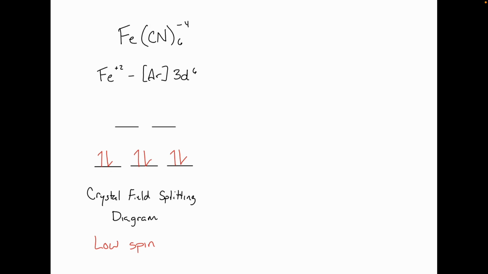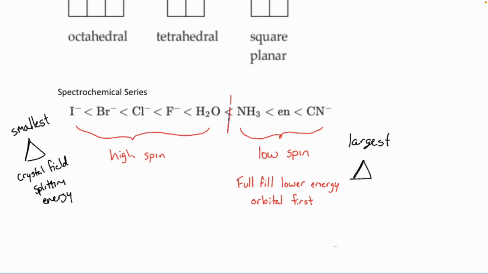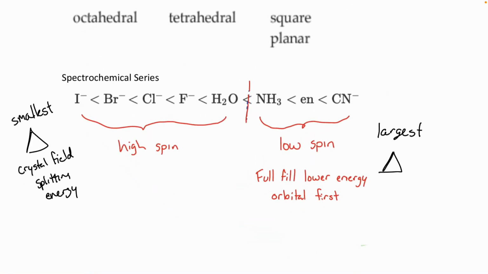If we took basically the same compound here but replaced the cyanides with water, we'd have that same electron configuration. It would still be an octahedral, so we'd have that same splitting pattern. But then water is considered not a low spin ligand, but a high spin ligand, meaning we're going to half fill all orbitals first.